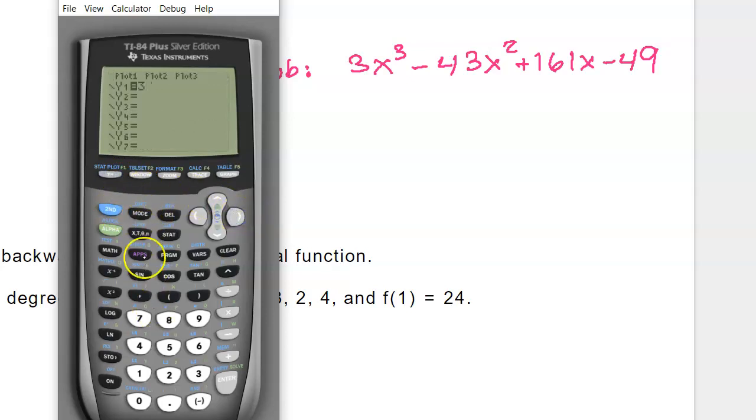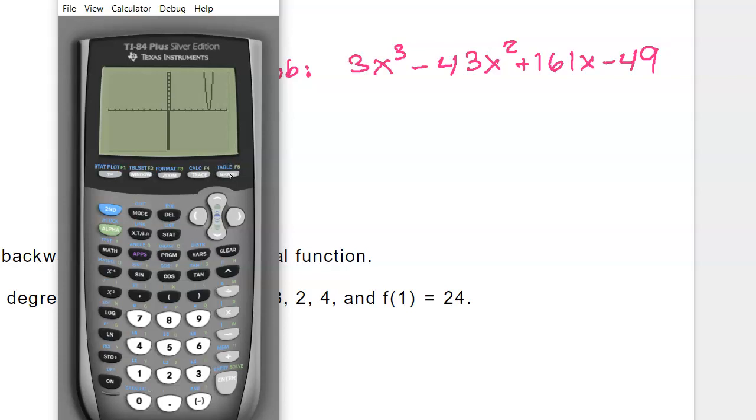Okay, 3x cubed minus 33x squared plus 161x minus 49. Yes, that's exactly it.